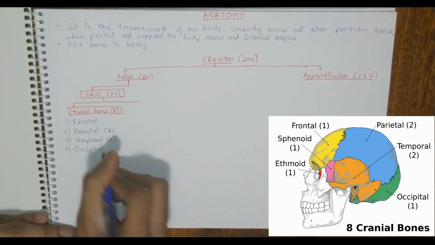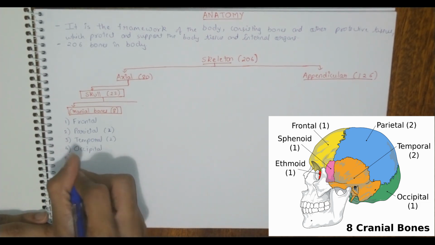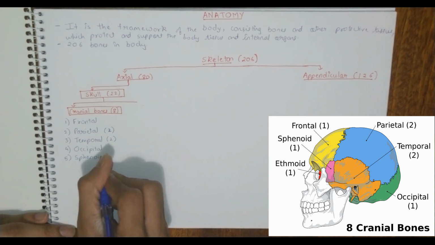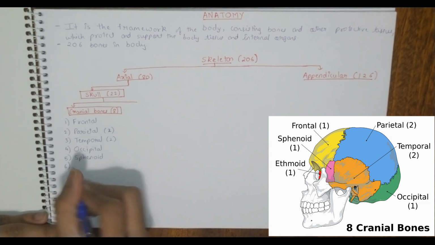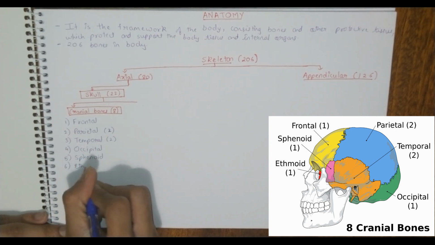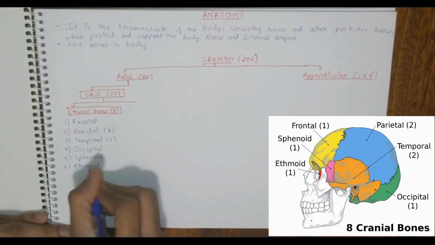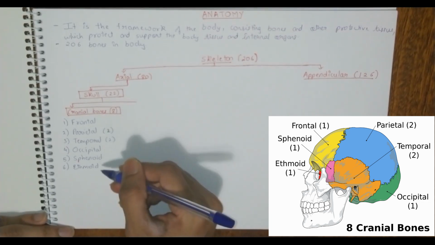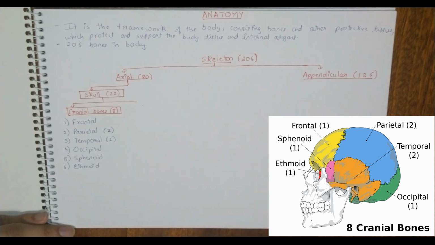Occipital, which is 1. Sphenoid, which is 1, and ethmoid. So there were a total of 8. You can count 8 bones in total in the cranial bones.